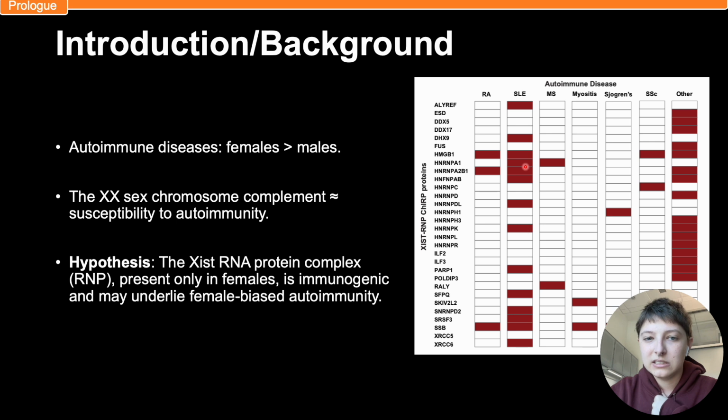SLE is the one that has the most of them. I don't know what this other is, but obviously there's a trend here where things that associate with the Xist RNP are also seen in autoimmune patients as autoantigens or as markers for this type of disease.